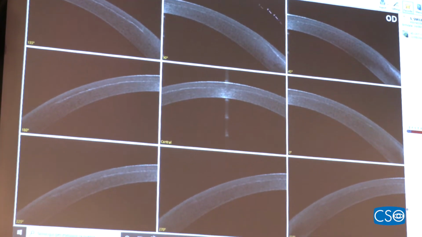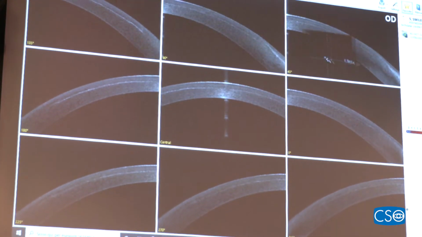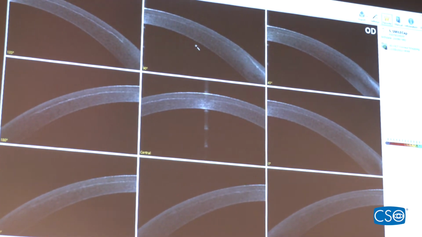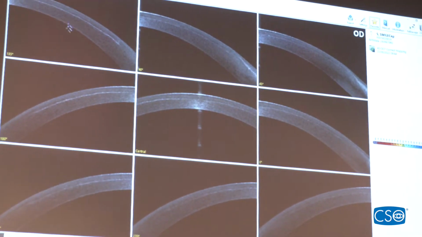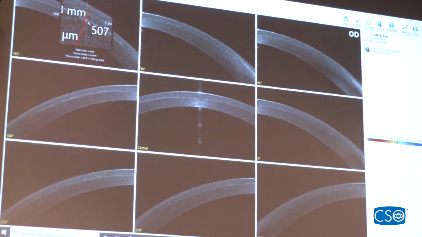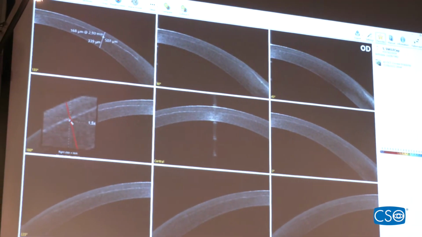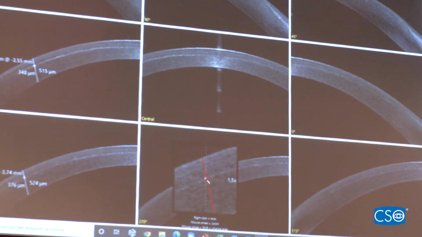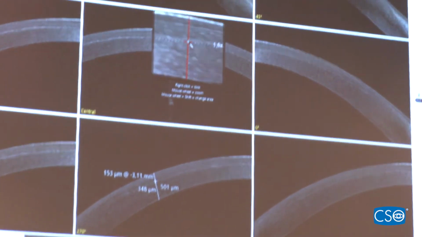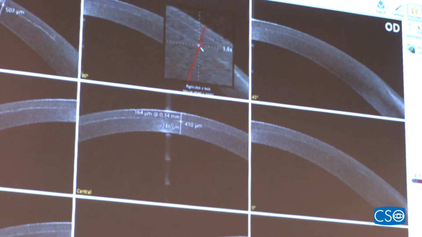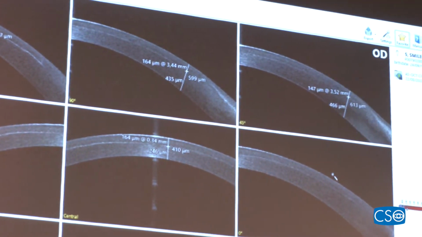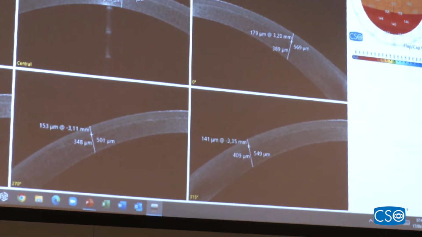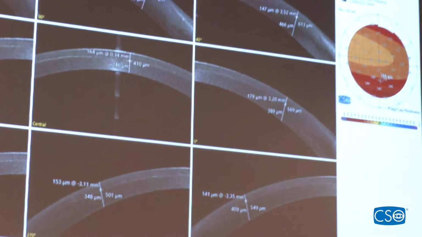This displays the central, superior, inferior and temporal zones, and you only have to click in one place on each map. I'm going to do this relatively quickly here, and here, and here, there, and there. So this shows me the cap.